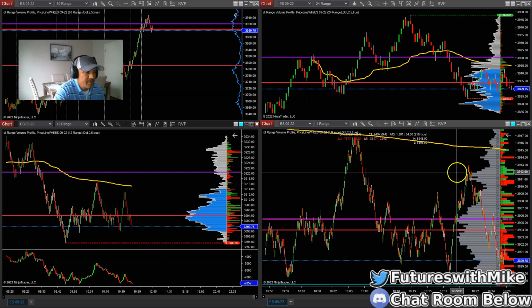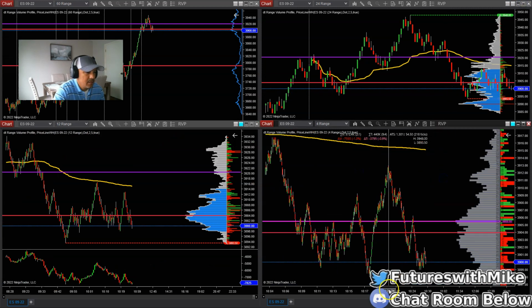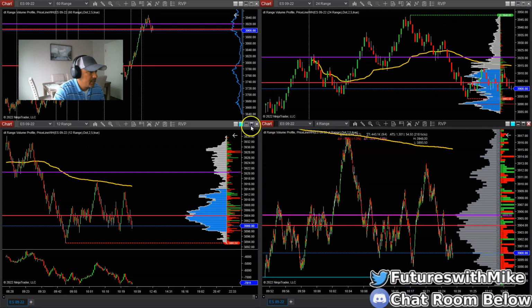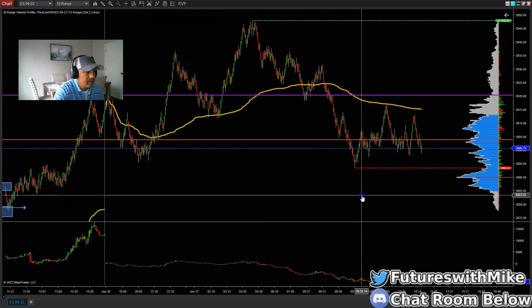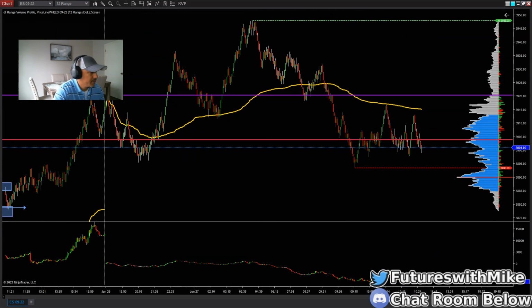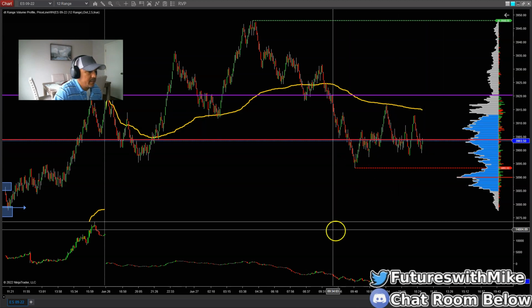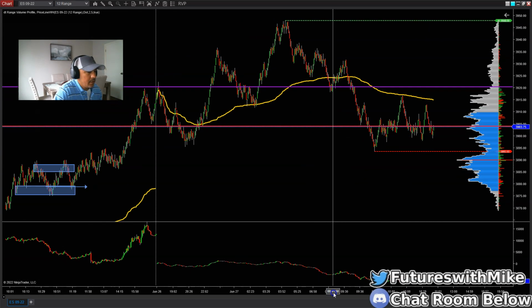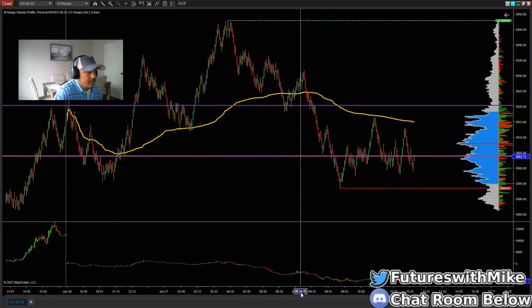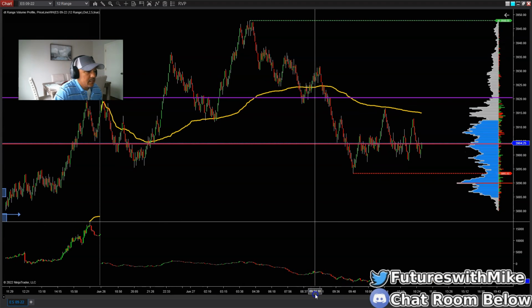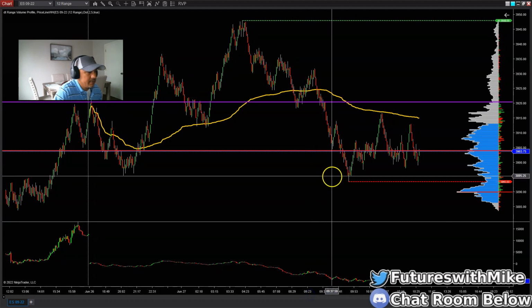Let's see if it's close to the VPOC. Yeah, we're close to the VPOC. So right now I'm going to stand down until I see something better. Be careful because the market is moving sideways right now in this area. Let's wait it out and see what happens here.